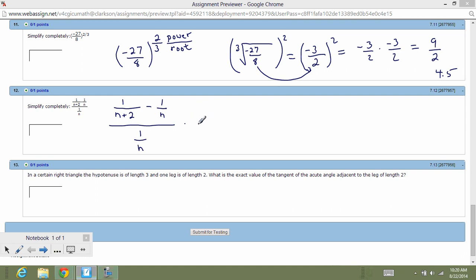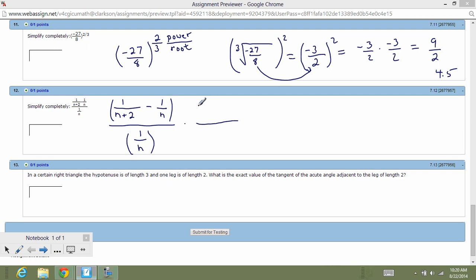What we tended to use was looking at all the denominators and multiplying major numerator and major denominator by all denominators you see. In this case, we have a denominator of n, a denominator of n plus 2, and a denominator of n.